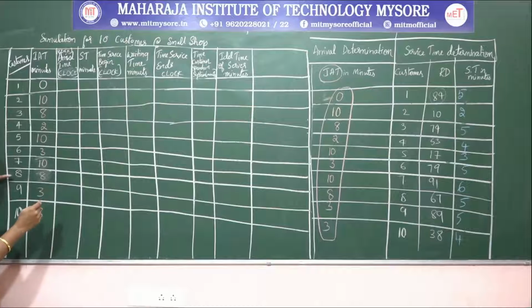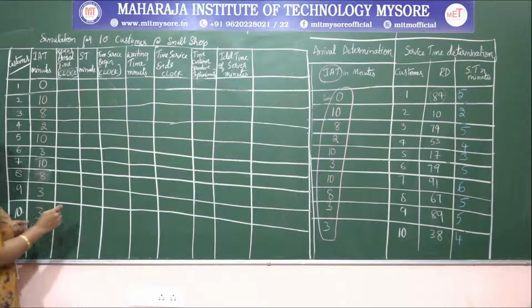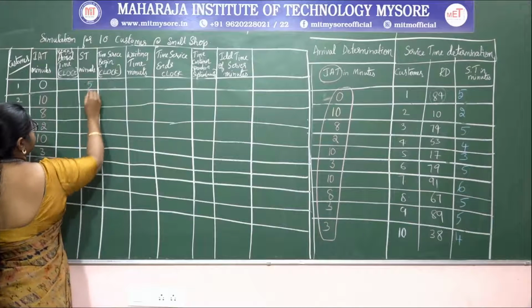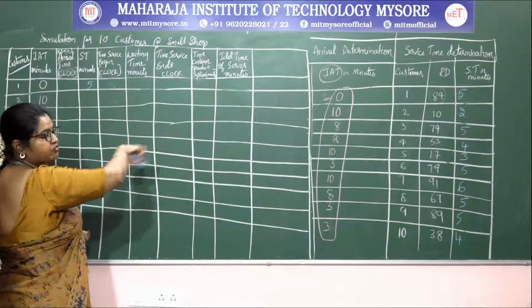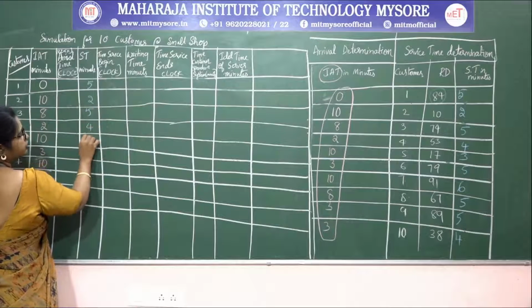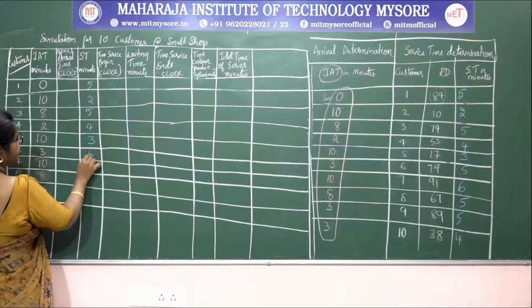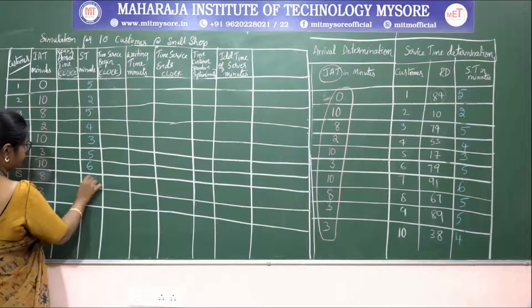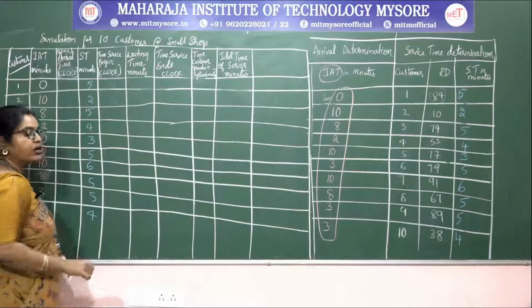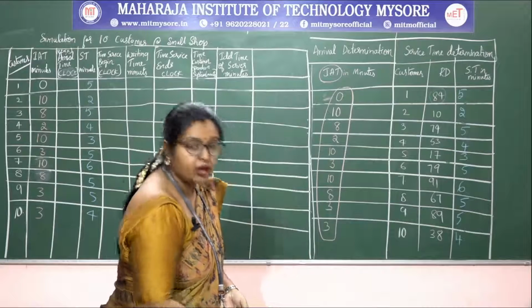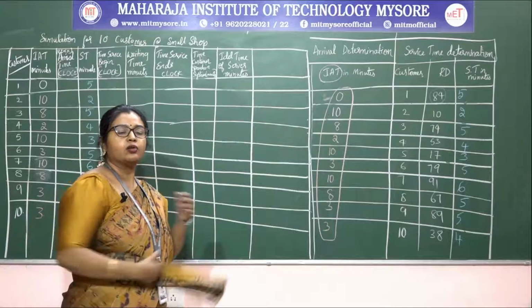The 7th one is 10, the 8th one is 8, the 9th one is 3, and the 10th one is 3. And the service times, whatever we have generated, based on that only I am filling it: 2, 5, 4, 3, 5, 6, 5, 5, 4, 4. So these are the inter-arrival times and the service times. Based on this we are going to calculate the remaining columns.